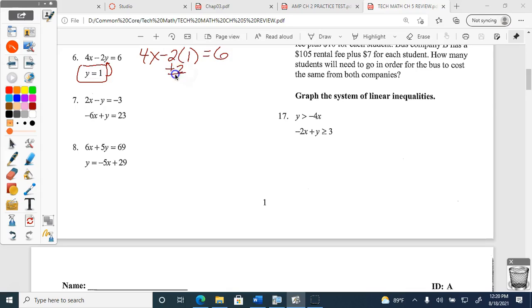So plus 2 and plus 2. 4x equals 8. Divide by 4. X equals 2. So this answer would be 2, 1. Or like I said, once again, you can just leave it x equals 2, y equals 1.